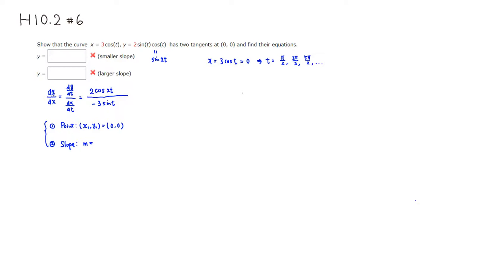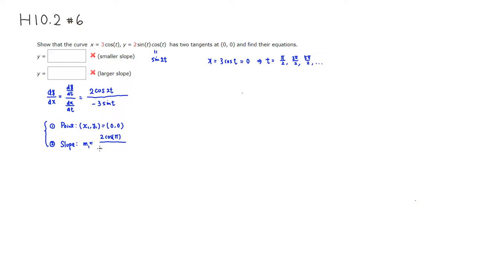So it looks like we have multiple slopes. I'm going to call it m1, and use t equals pi over 2. I'm going to plug in pi over 2 there. So you have 2 cosine of 2 times pi over 2, which is pi.